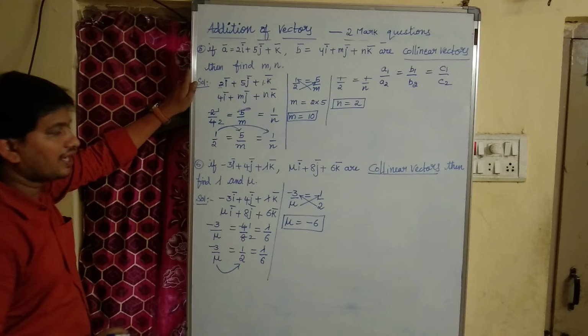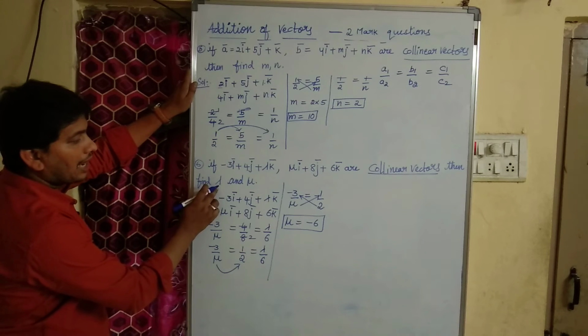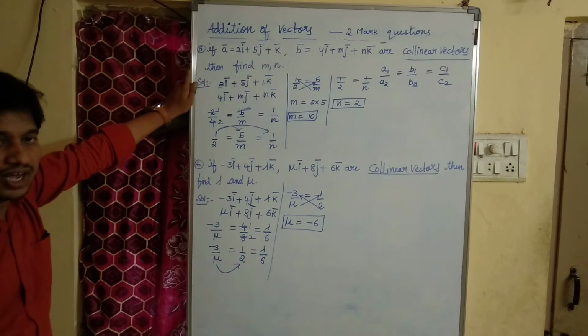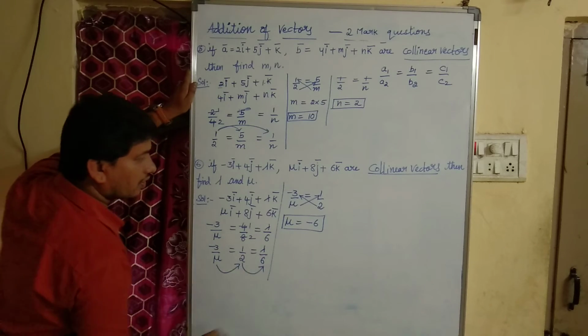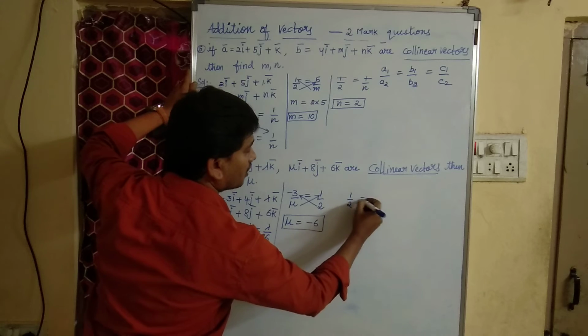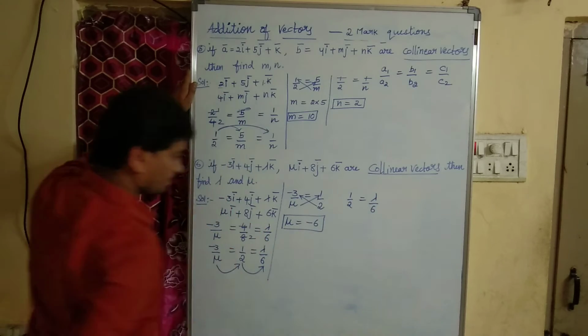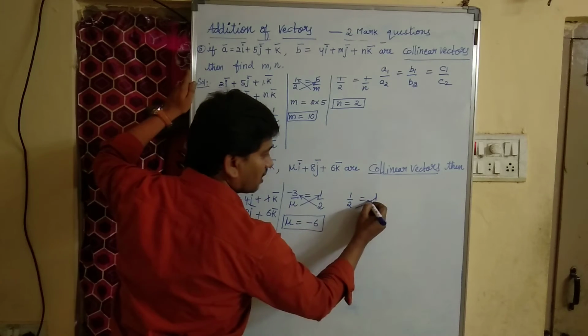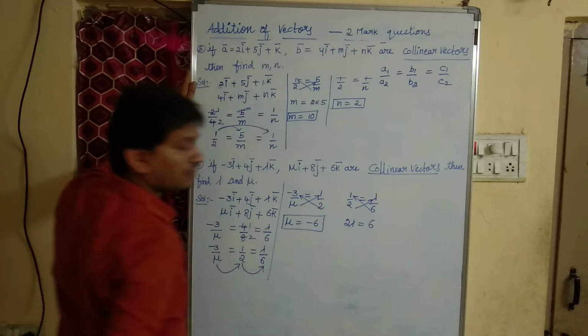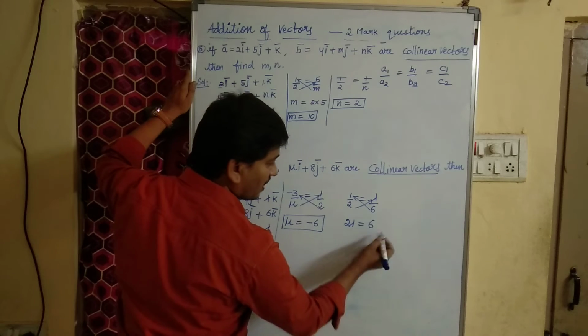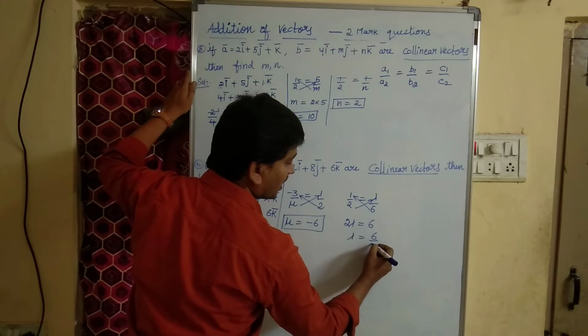So they are asking to find the value of lambda and mu. So we got the value of mu, that is minus 6. Now let us equate 1 by 2 equal to lambda by 6. So cross multiplication, 2 into lambda, 2 lambda equal to 6 into 1, 6. As 2 is multiplying, transpose towards right hand side.